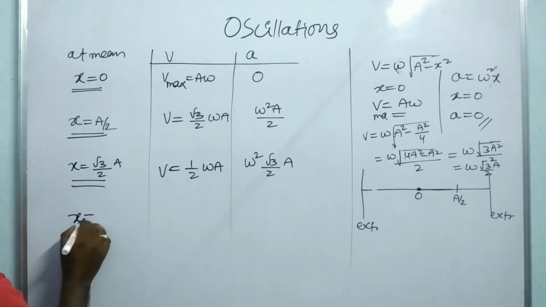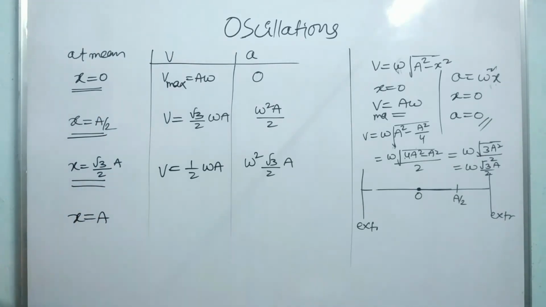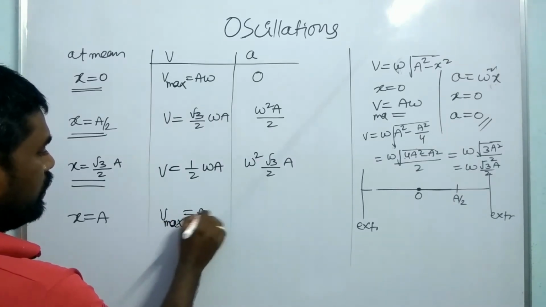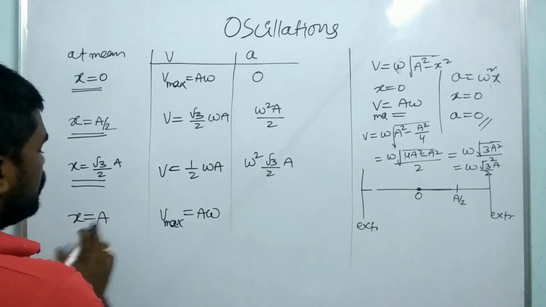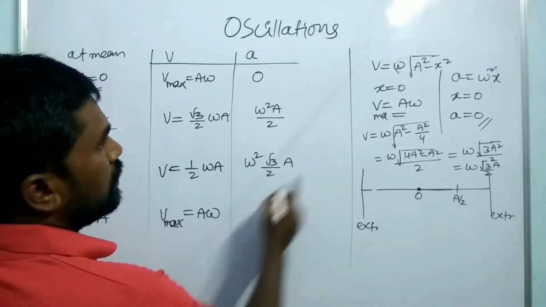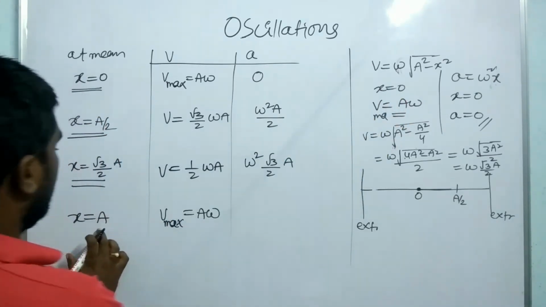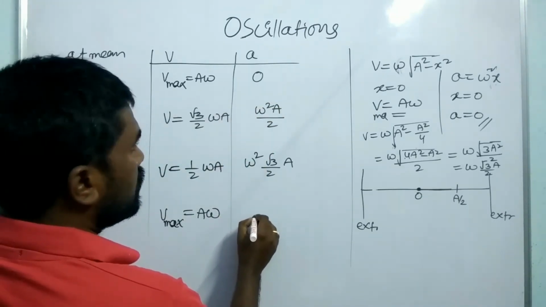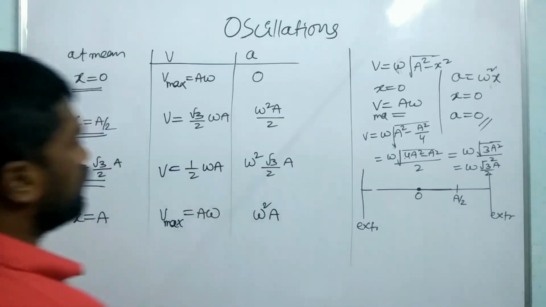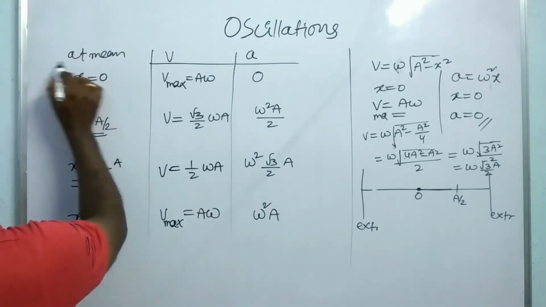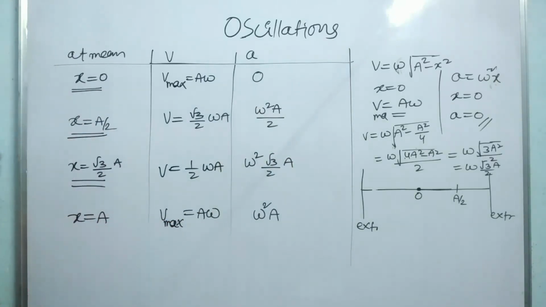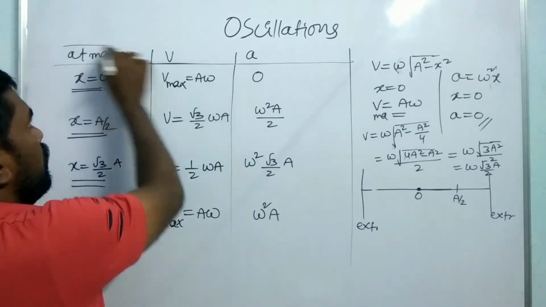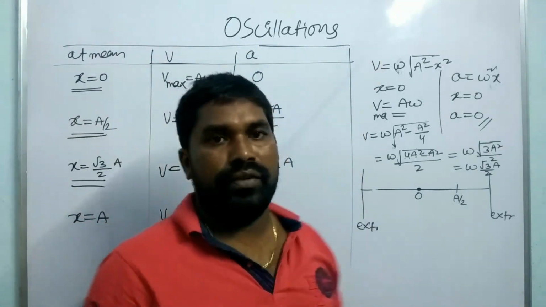If x is equal to A, that is the extreme point, V should be minimum, and acceleration should be omega square A. Now, these are the values of the velocity and the acceleration of the SHM particle at different positions.